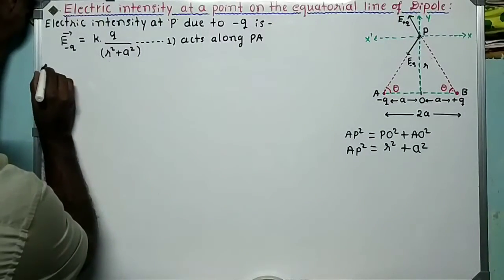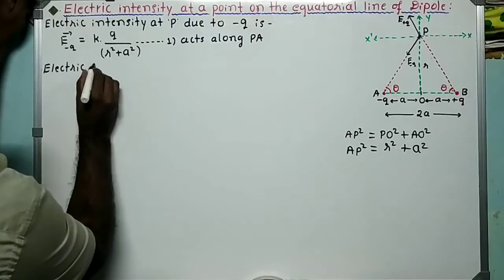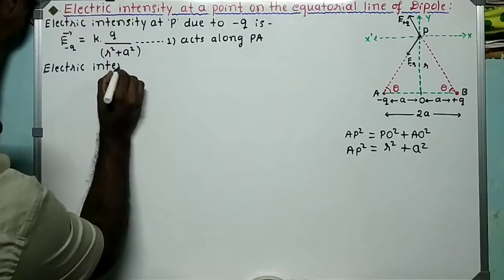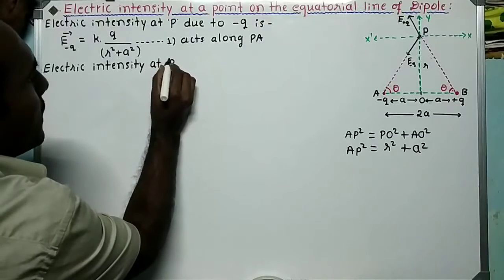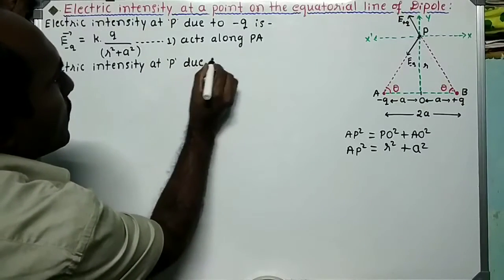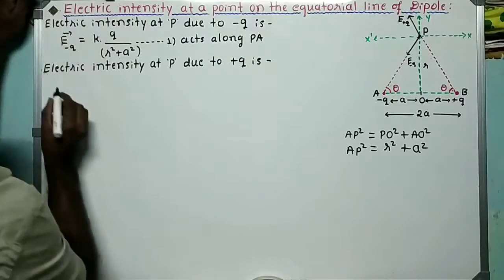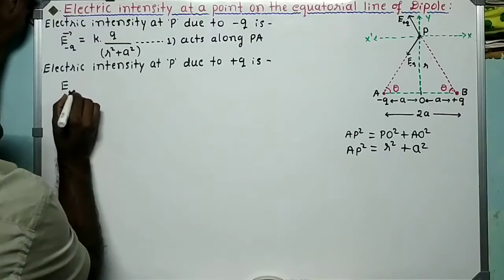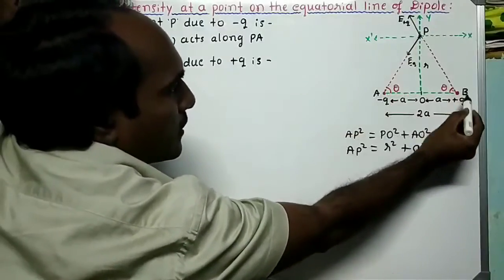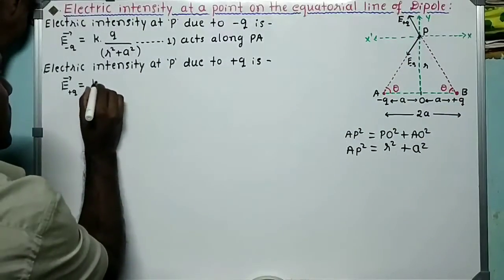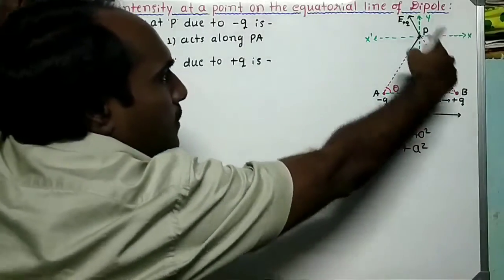Similarly, electric intensity at P due to positive charge is vector E plus Q, equal to K into Q divided by BP square.